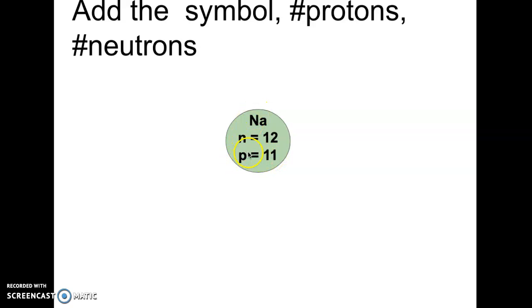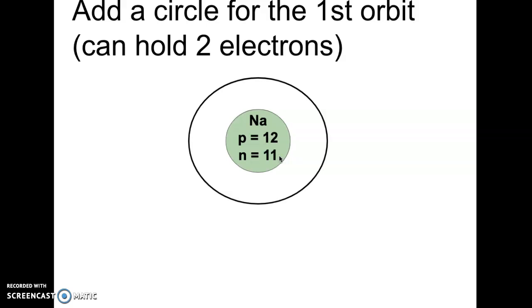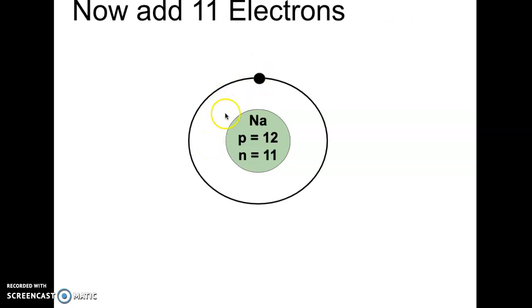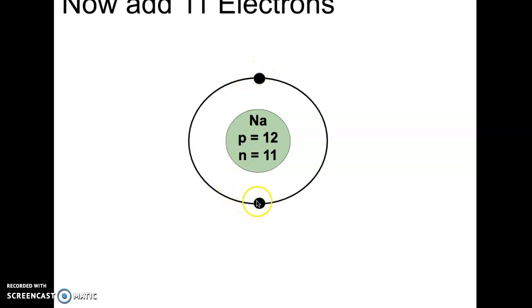Because the number of electrons is the same as the number of protons, I have to put 11 of them. I'm going to add a circle for the first shell. This one can only hold 2 electrons, so we put one at the top, and you could put one here. That's not wrong, but I like to have them balanced, so I'm going to put one on the bottom.